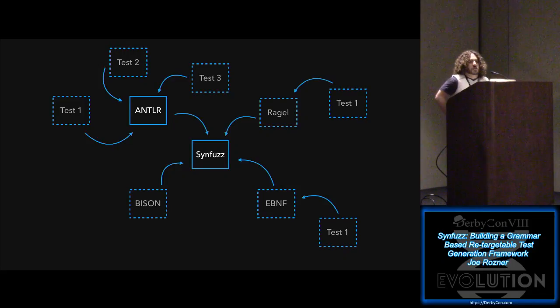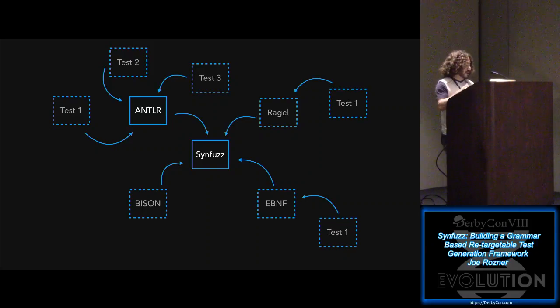So as I said, this has been released since around DEF CON. The architecture ends up looking something like this. At the base, you have SynFuzz, which functions mostly as an intermediate representation. So you build front ends that will recognize individual grammar languages.